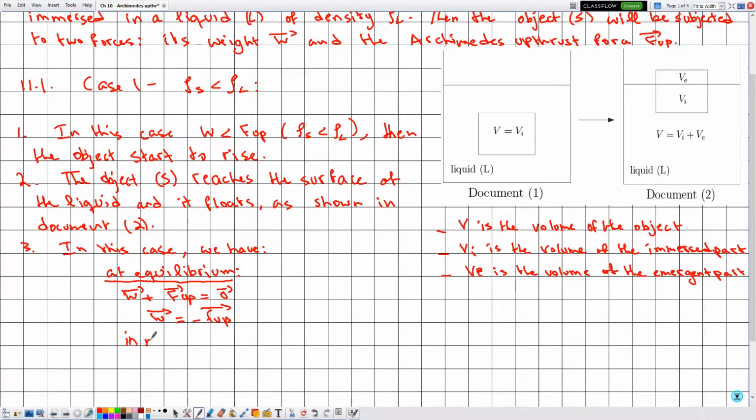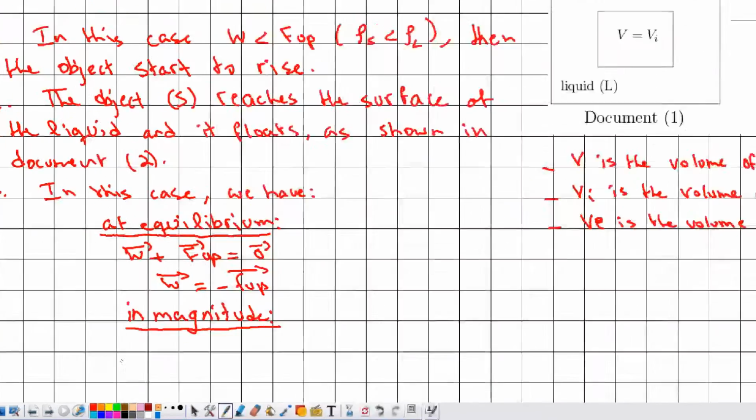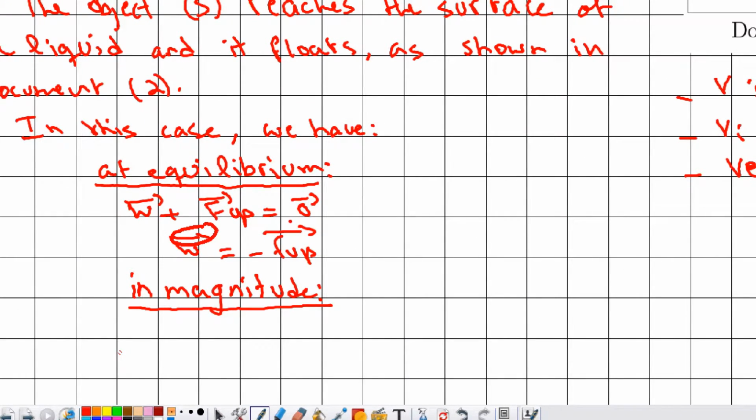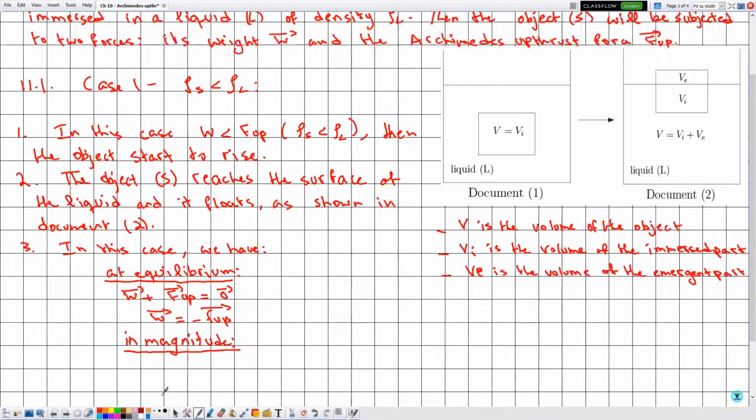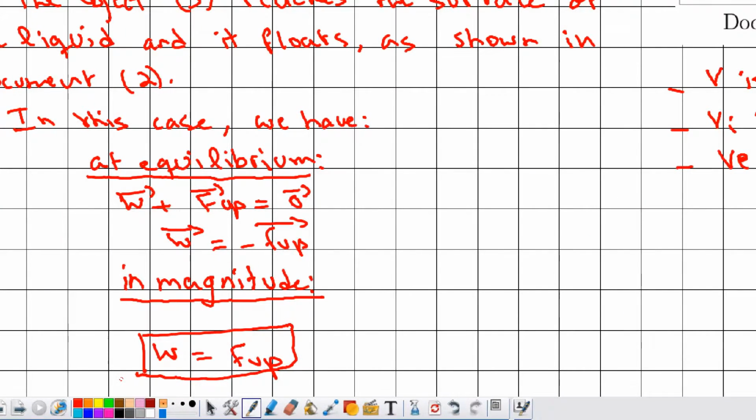So let's say in magnitude, here we drop the vectors and we remove the minus sign, so we have that the weight is equal to F upthrust. And I repeat here, what does W represent? It represents the weight.